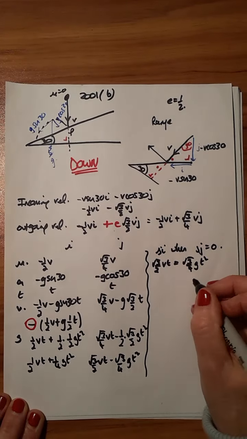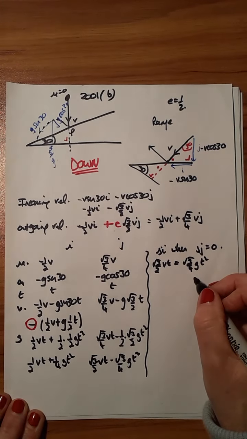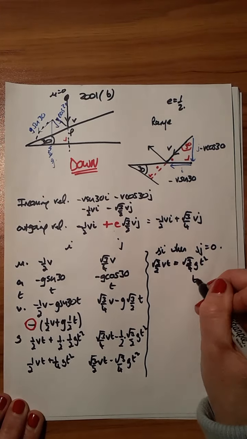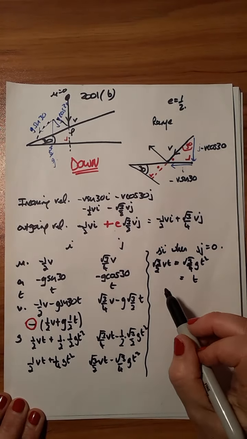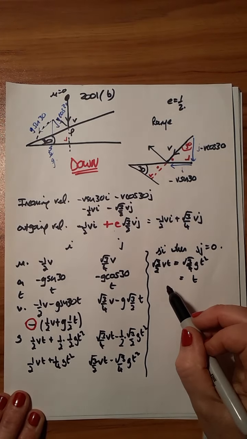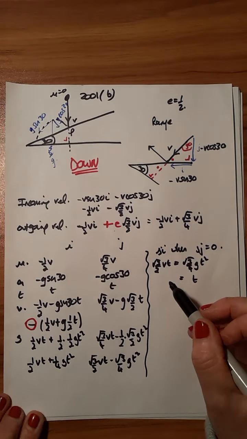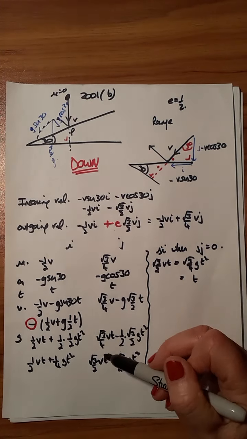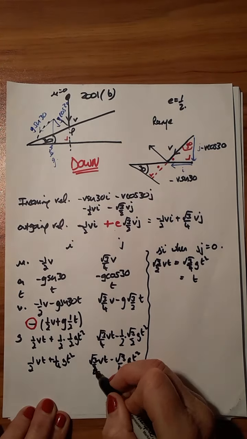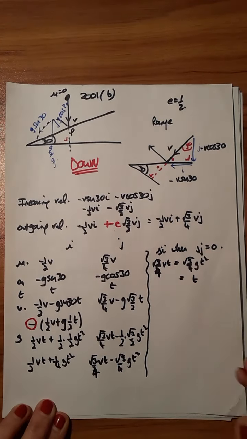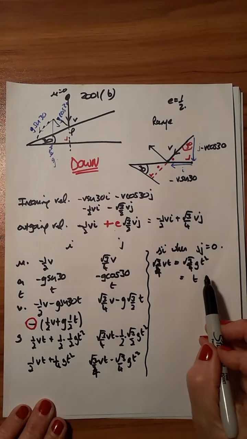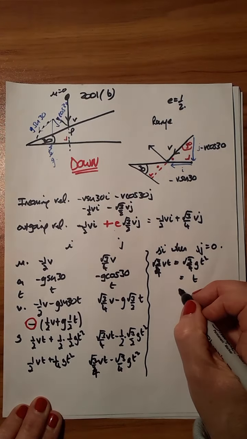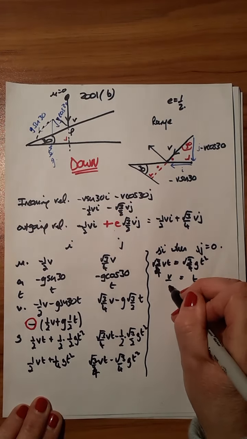Get rid of those root 3's. And that will give me t is equal to, what is t equal to? That s j, when s j is 0, this should be a root 3, oh, sorry, I've changed that to root 3 over 4. It should be root 3 over 4. So the 4's will cancel, the root 3's will cancel, so the t will just become v over g.